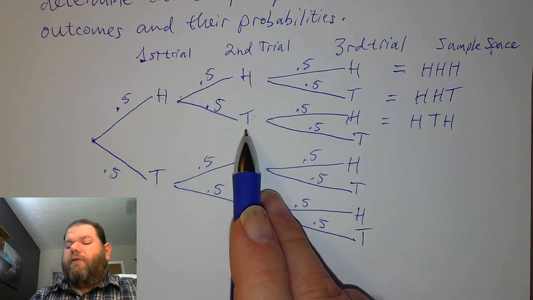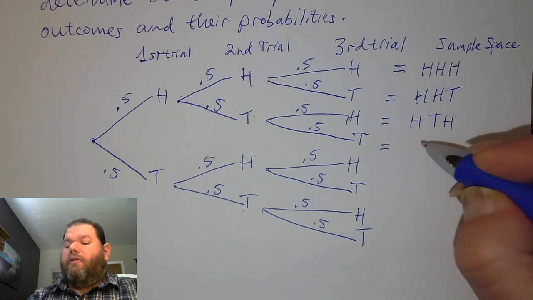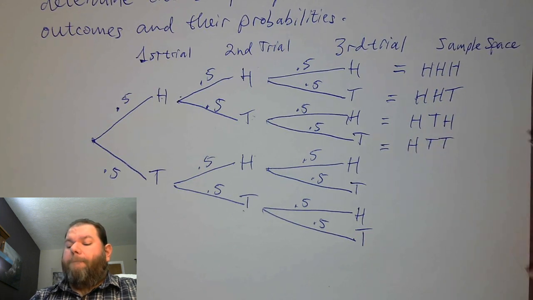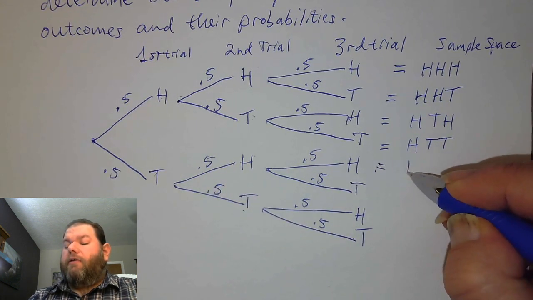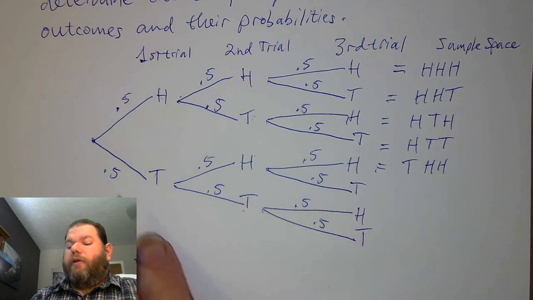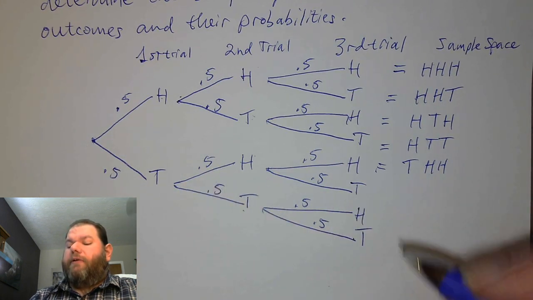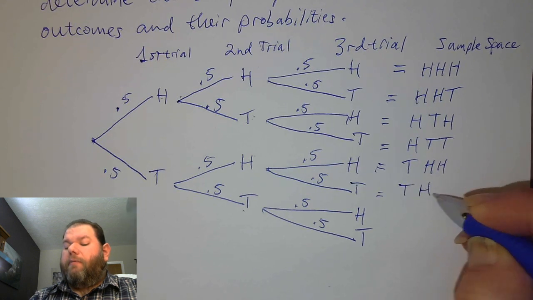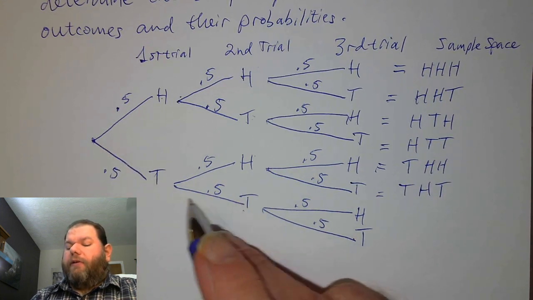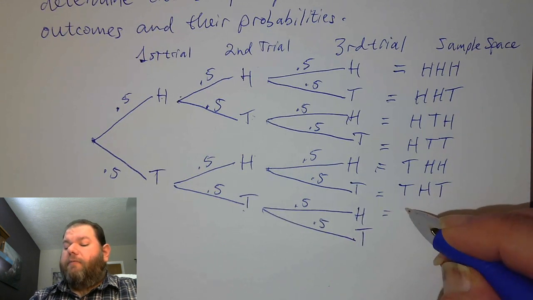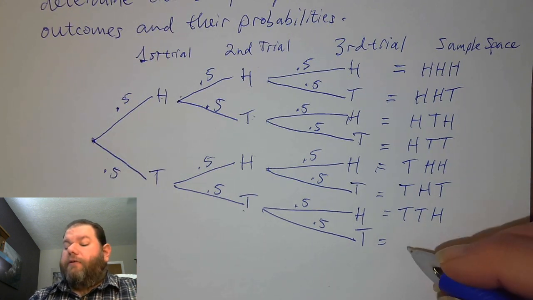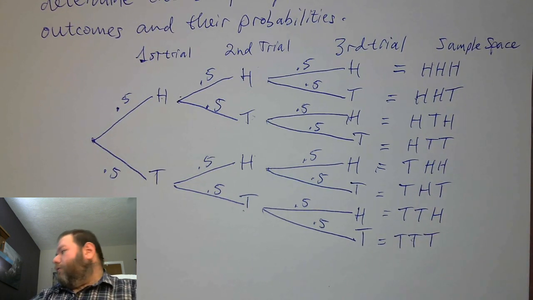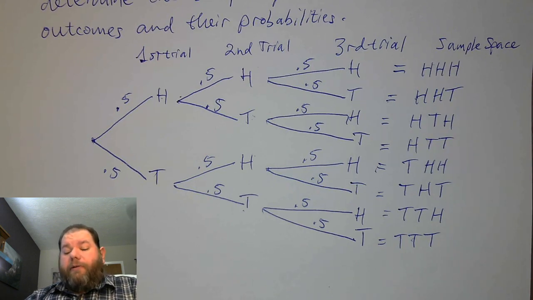And then heads, tails, tails. Tails, heads, heads. Tails, heads, tails. Tails, tails, heads. And all 3 tails. So that's our sample space of possible outcomes.